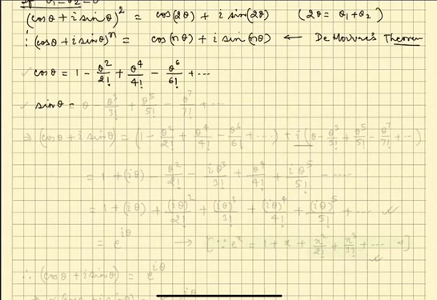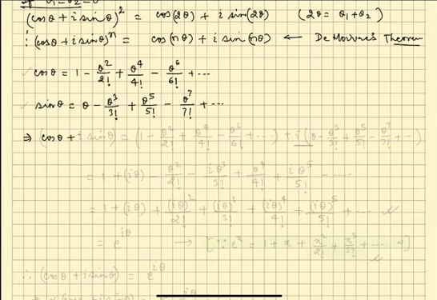Sine theta is theta minus theta cubed by factorial 3 plus theta to the power 5 by factorial 5 minus theta to the power 7 by factorial 7 and so on. See what we can find if I do that.